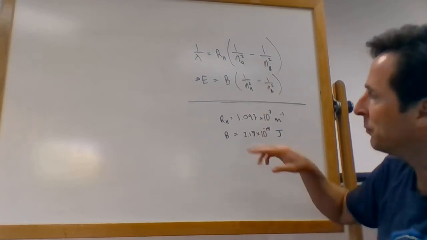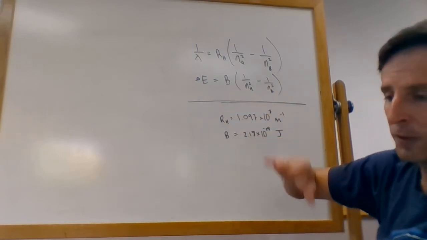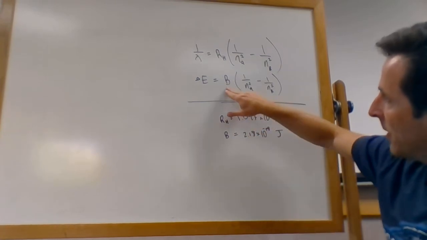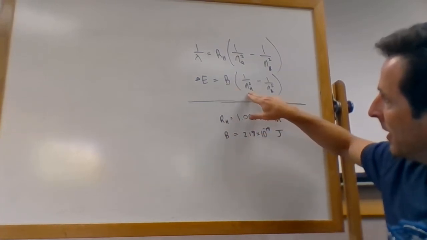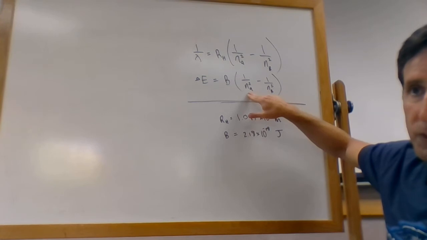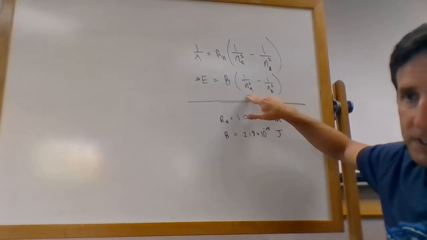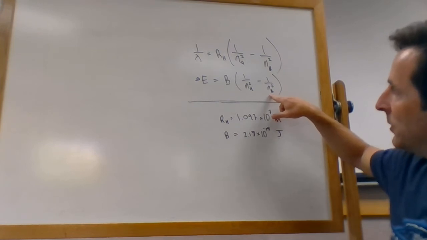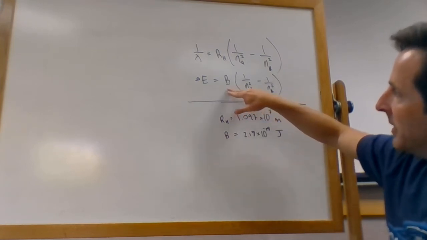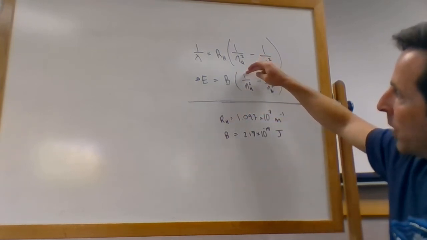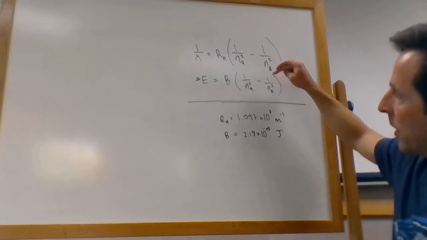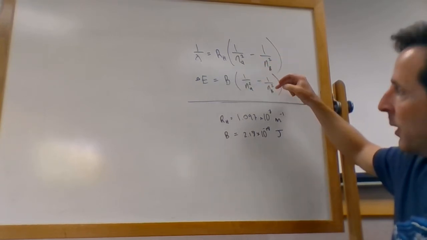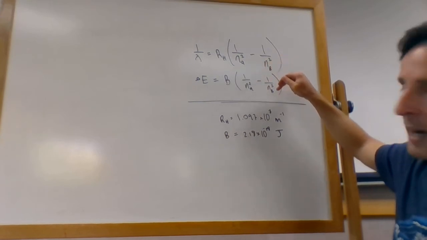So the smaller n value has to go in front because that gives you a positive answer. Okay? Now, for this problem, I'm going to plug in my B value right here, plug in my 2 for the second energy level as the first n value, and plug in 3 as my second n value. So it's going to be 2.18 times 10 to the minus 18 times 1 over 2 squared minus 1 over 3 squared, which will end up being 1/4 minus 1/9.